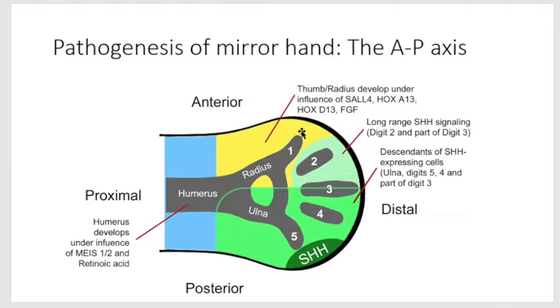And as you increase the activity, what happens is that the thumb becomes like a finger, and you start getting the five-fingered hand, as we said, or six-fingered hand, like a duplication of the index, most people will call it. Now, the more you increase the sonic hedgehog activity anteriorly, the more digits you get on the anterior side duplication-wise. So more preaxial polydactyly that look like fingers.